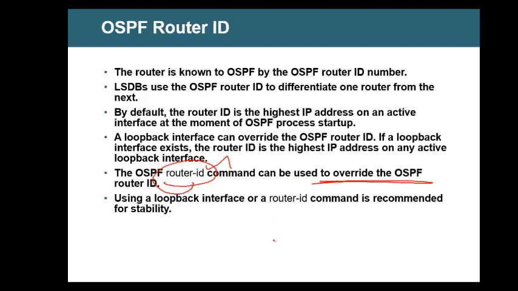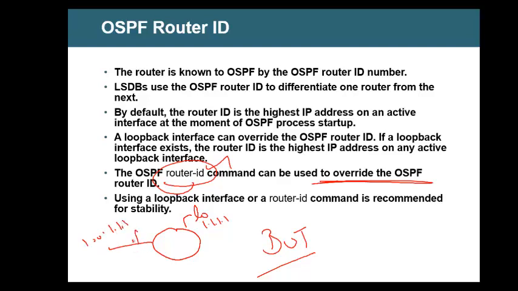But there is a warning here. Caution. What is that? Let's say when you configure OSPF, there was one loopback interface with address 1.1.1.1, and the physical interface address 100.1.1.1. This physical interface is F0/0. The highest IP address, will it take this IP address?